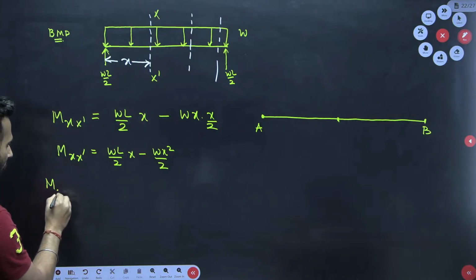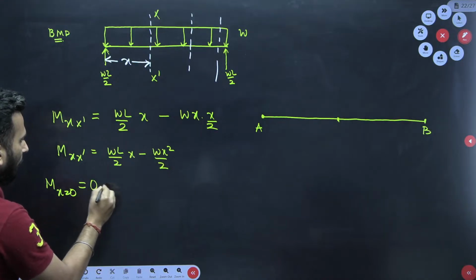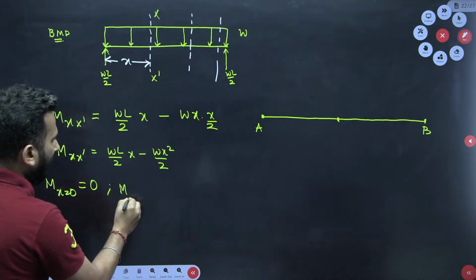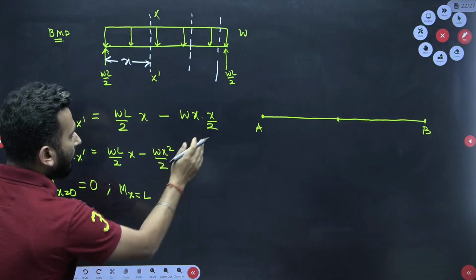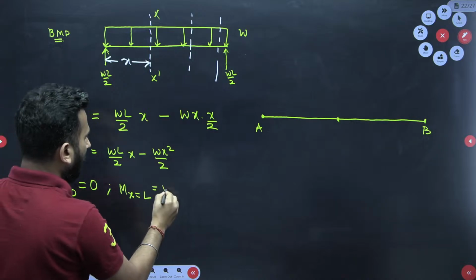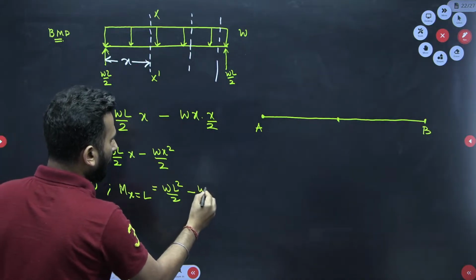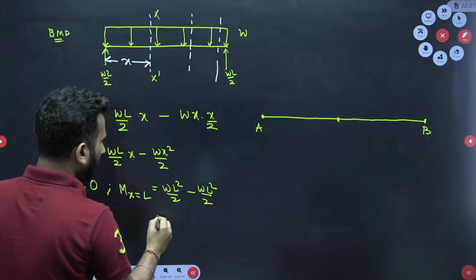So at x equal to 0, what is the value? You substitute 0 and it will become 0. Very good. At x equal to L, what is the moment? I am substituting x equal to L, so WL square by 2 minus, if you substitute L, WL square by 2, and it is becoming 0.